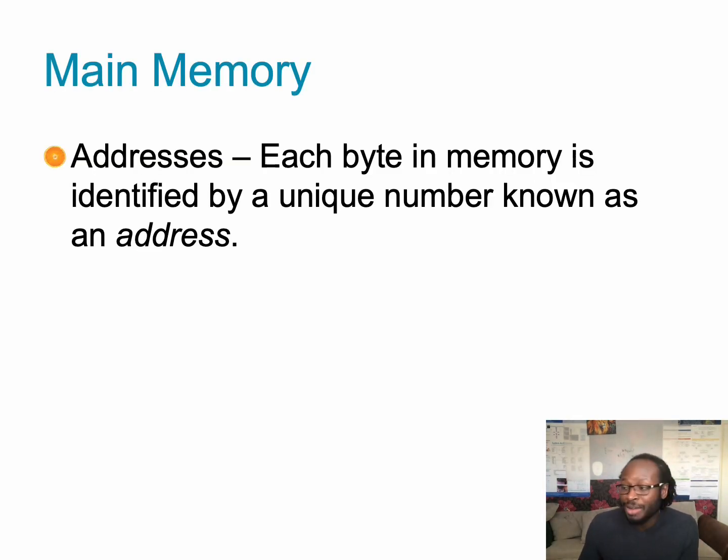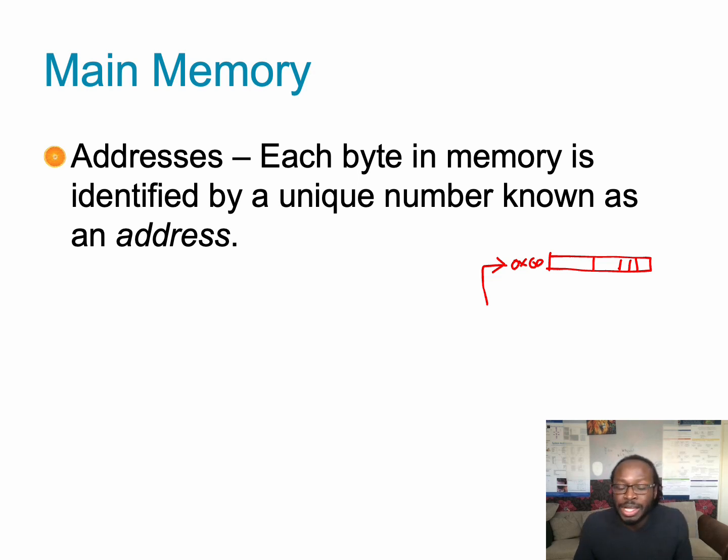Memories do have addresses, basically specialized locations. If you want to go to a particular line of memory and a particular bit, you would have an address, mostly a hexadecimal representation, so you know how to go to it and access the information.